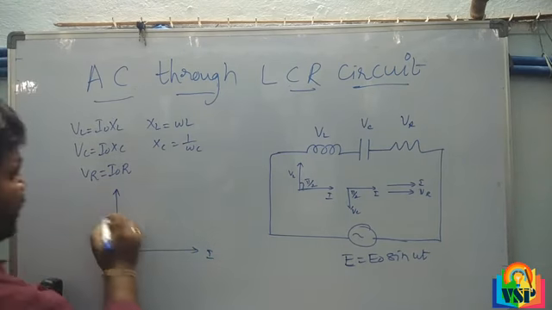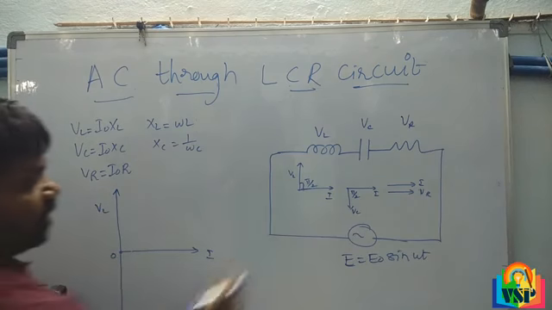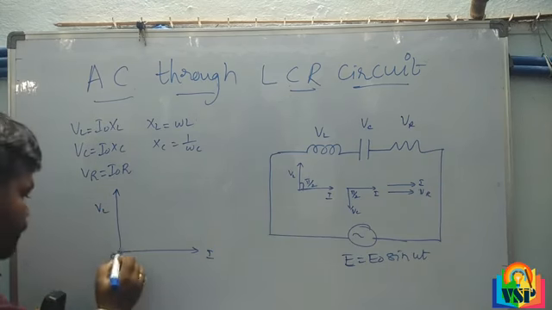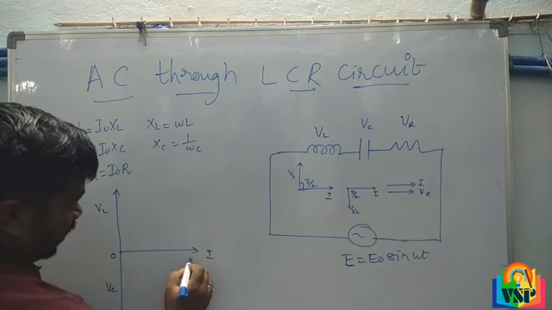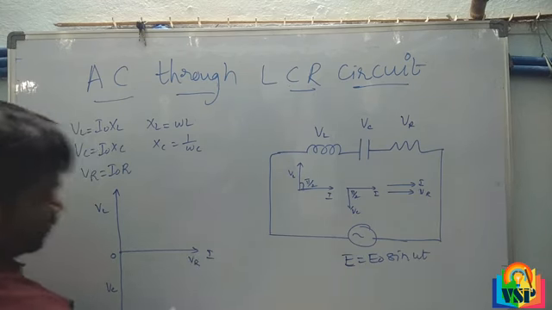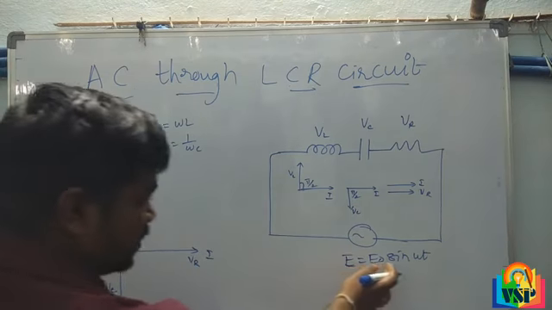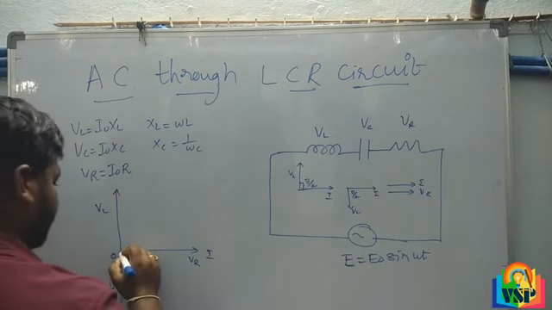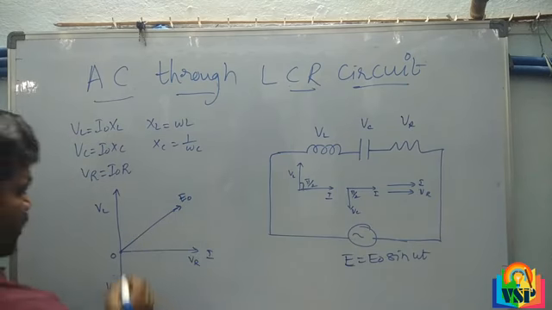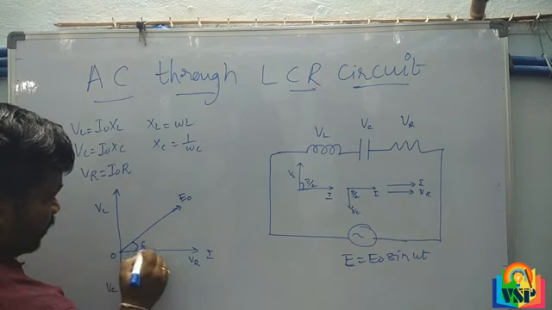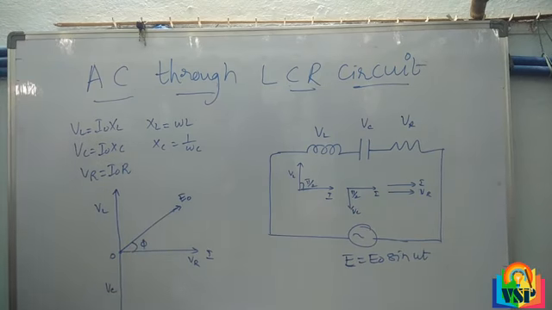Here we take VL, and downside VC. Here this is VR. Then the applied voltage we denote E0, at angle phi, which is equal to omega t. This is called the phasor diagram.